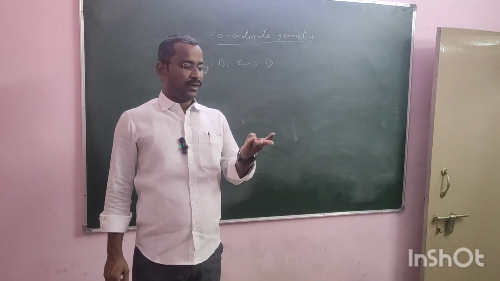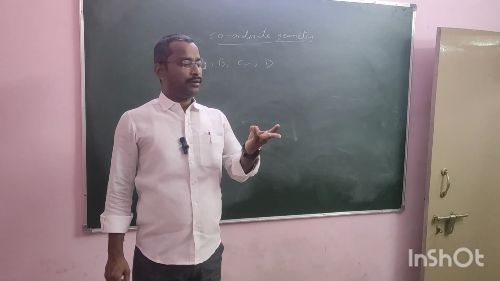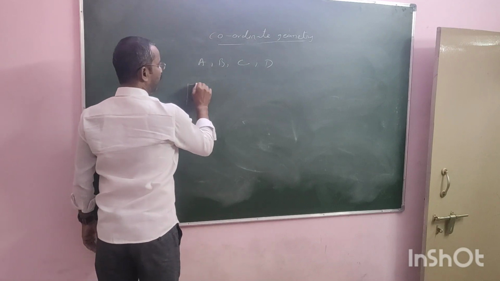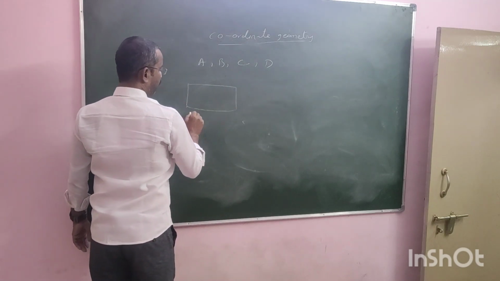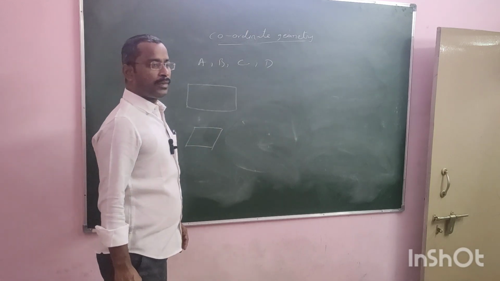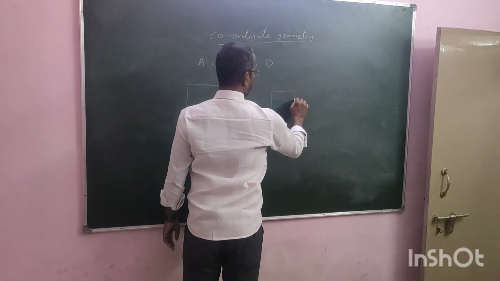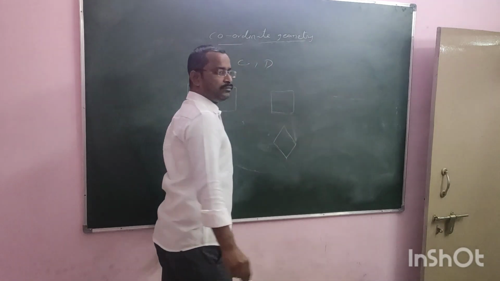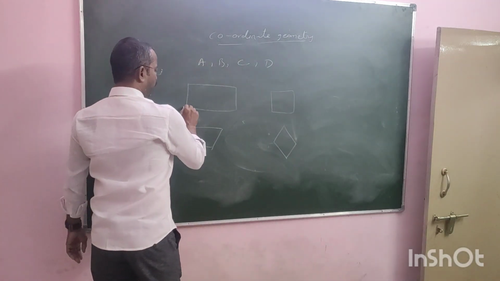Is it clear? Similarity will be, if it is a rectangle, its similar one is a parallelogram. If you take a square, its similar one is a rhombus. You need not worry about that.